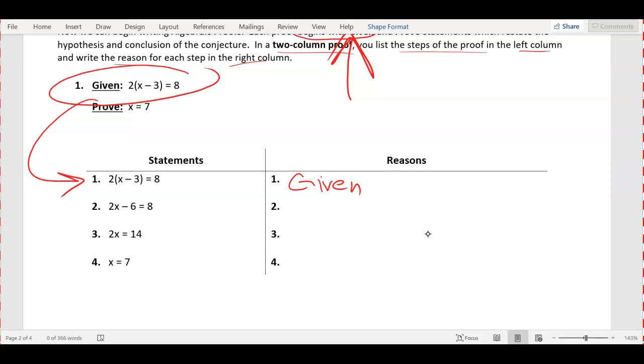Now, from there on out, you're telling me what happened. What happens next? All right, so let's think about this. Step one to step two. What's the difference? What changed?